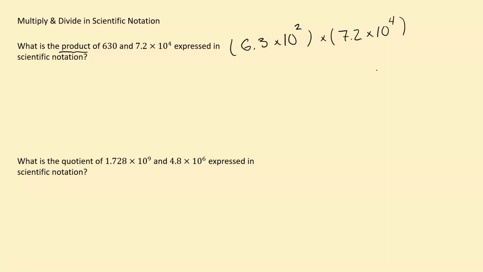Now remember, you can multiply numbers in any order. So I'm going to go ahead and group the 6.3 and the 7.2 together. I'm going to say those multiplied together times 10 to the second power times 10 to the fourth power.